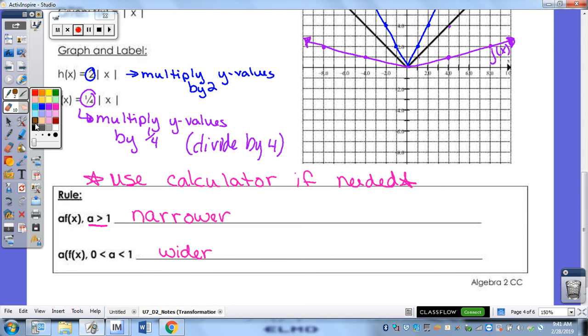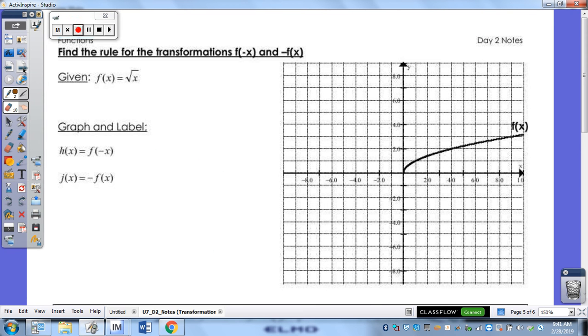All right, so one more rule to go through, and then we're going to try some practice ones. So this one, the negative is with the x. So this is going to reflect over the y-axis. As I said before, if it's with the x, it's over the y-axis.